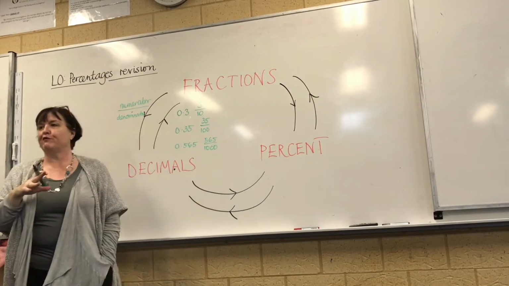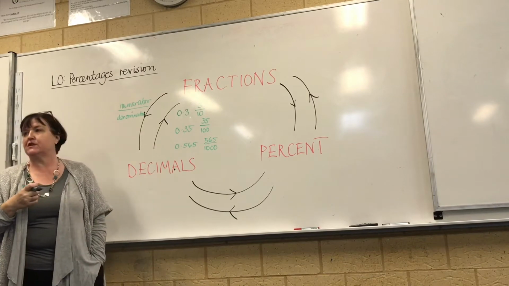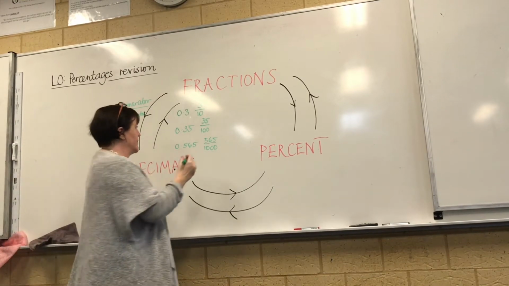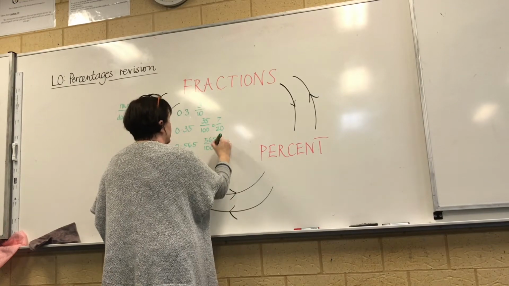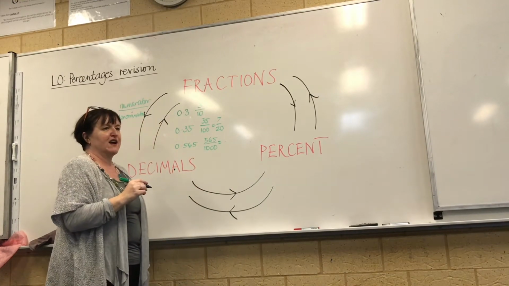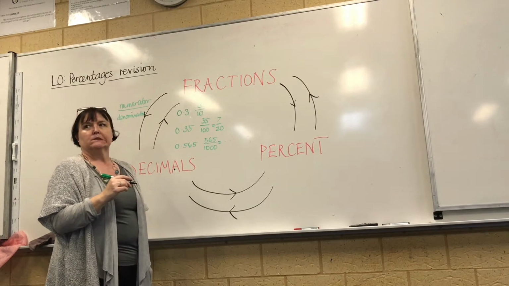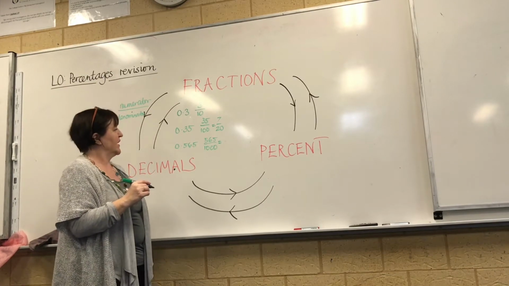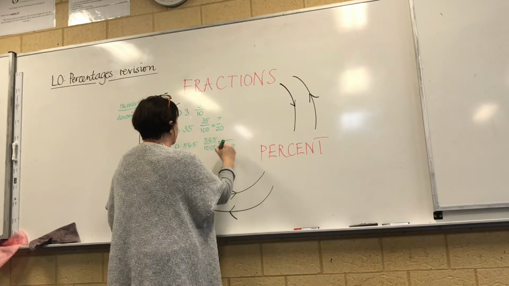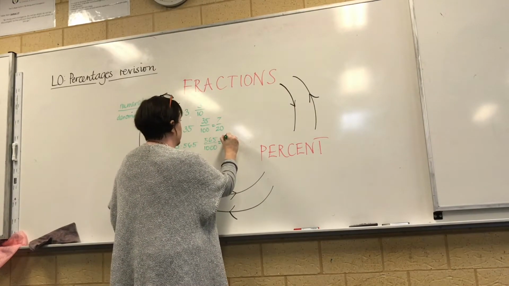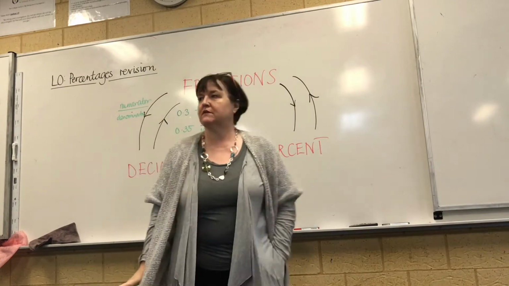Now, they are all fine, but what do I need to do to them? Simplify them if possible. So 35 over 100 is 7/20ths, and 565 over 1,000. How many fives in? Well, it's going to be something over 200, isn't it? It's going to be 113 over 200.